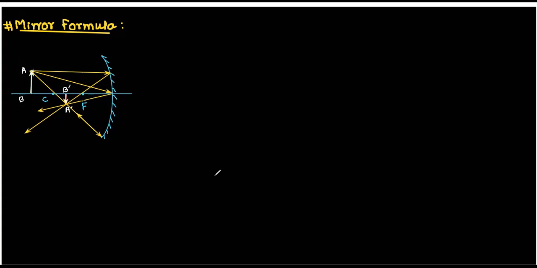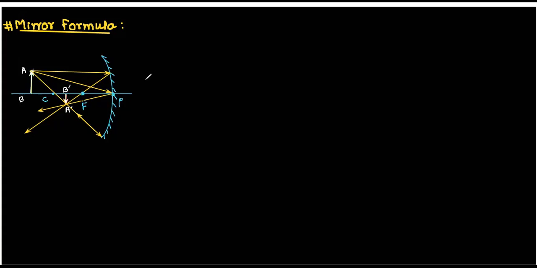Got it? Right. Now this one is what? Pole. That is the pole of the mirror, P. Here it is. And this one is the focus, F. Center of curvature, and this is what? This one is C.